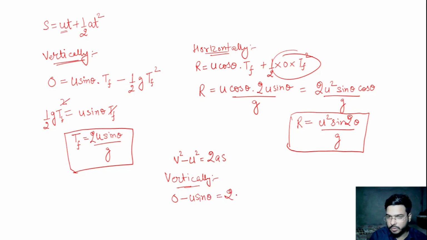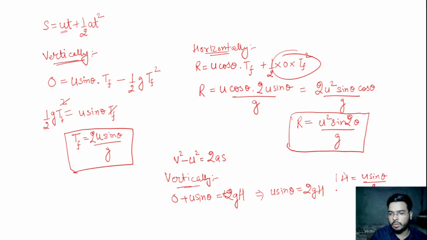A means we can say g, okay, because it is the vertical direction. So s means h here, and this is minus because of minus g, and the minus got cancelled here, and we have finally u sine theta squared is equal to 2gh. Here you can rearrange this, and we will get the formula h equals u sine theta squared upon 2g.